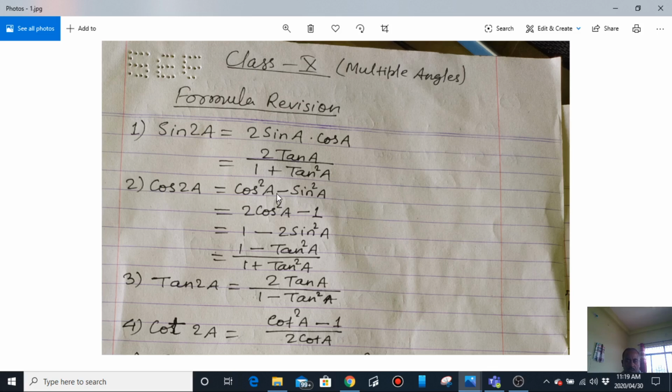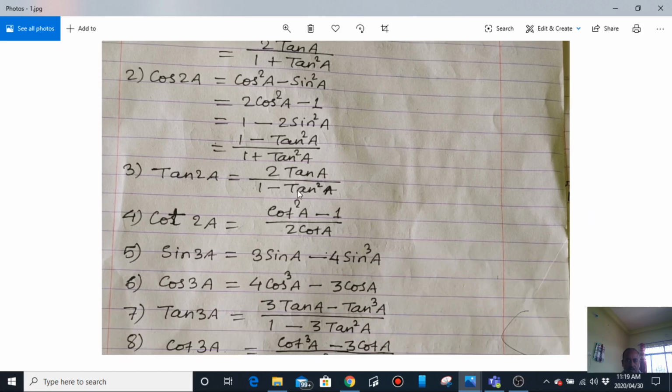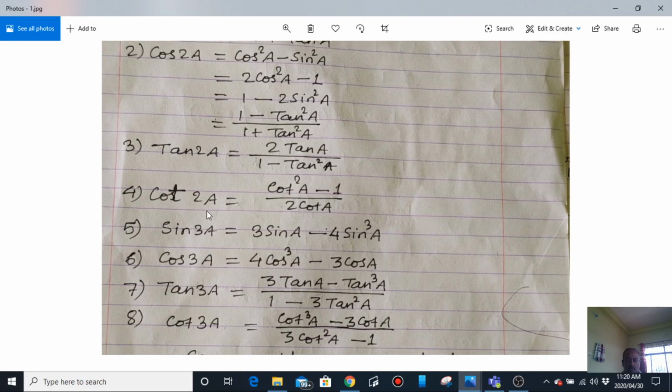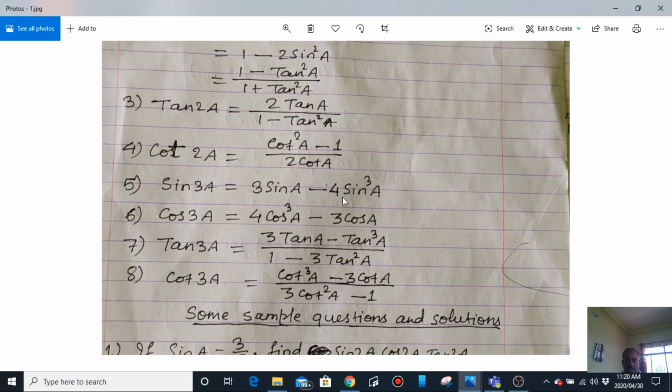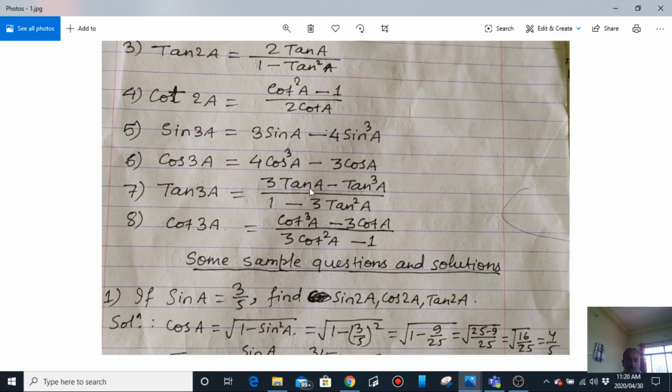Second, cos 2A in three forms: in terms of sin A and cos A, in terms of only cos A, only sin A, and only tan A. Now, tan 2A equal to 2 tan A by 1 minus tan square A, cot 2A equal to cot square A minus 1 by 2 cot A, sin 3A equal to 3 sin A minus 4 sin cube A, and cos 3A equal to 4 cos cube A minus 3 cos A. You can read all this and memorize.